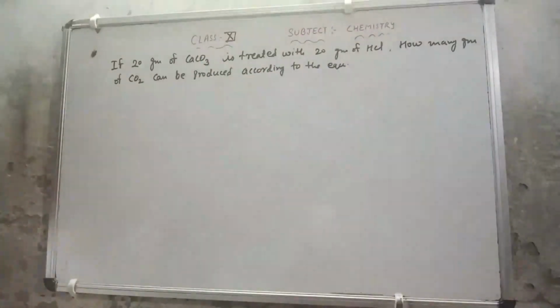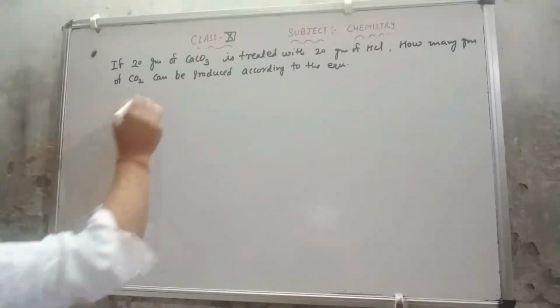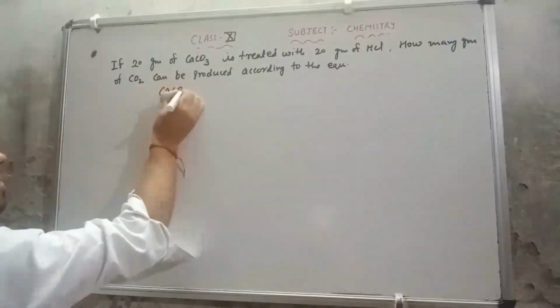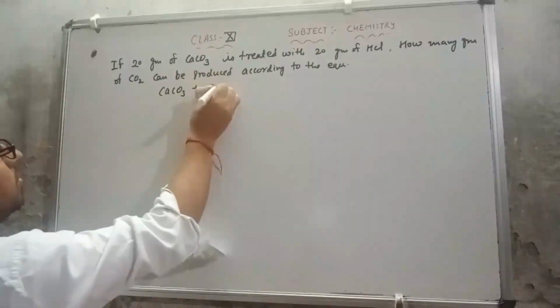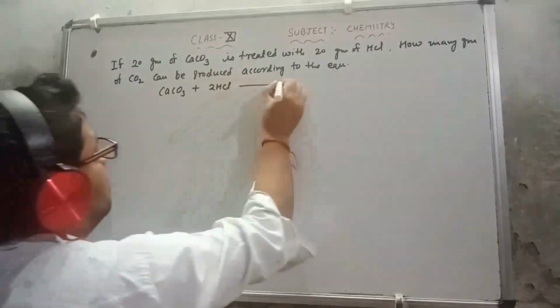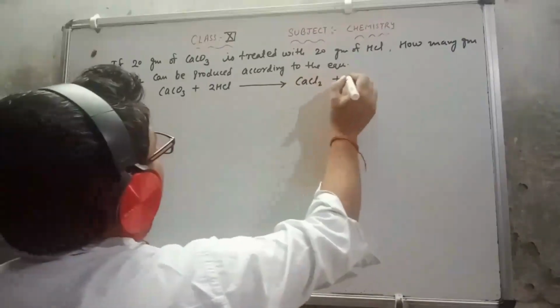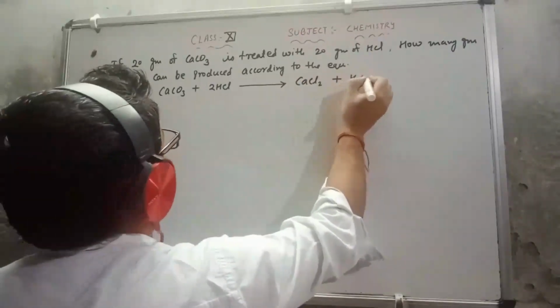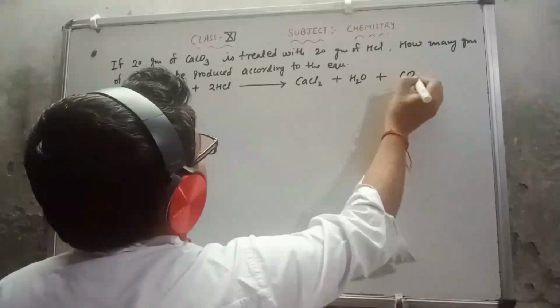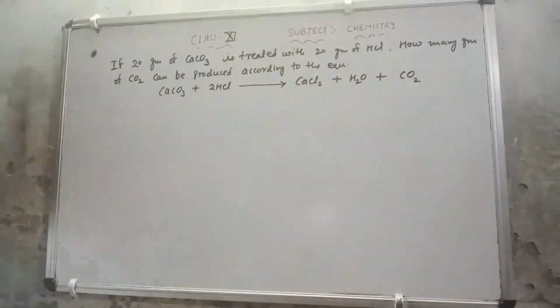The equation they are giving you is CaCO3 plus 2 HCl gives CaCl2 plus H2O plus CO2. This is the chemical equation they are giving you.